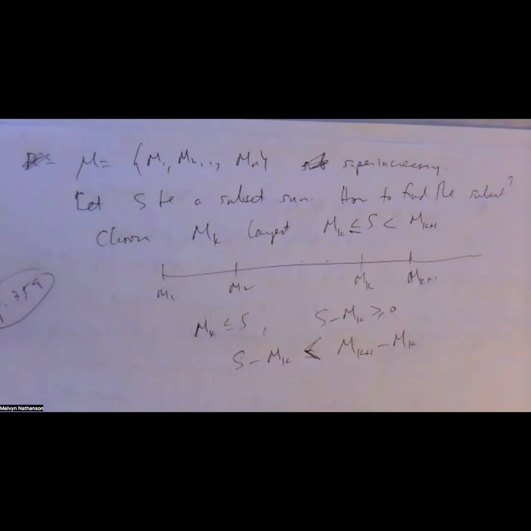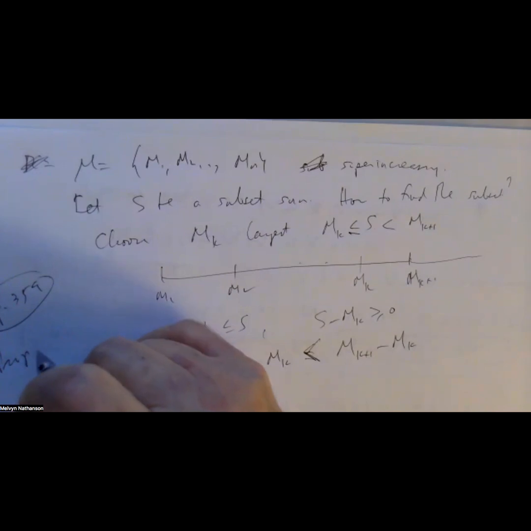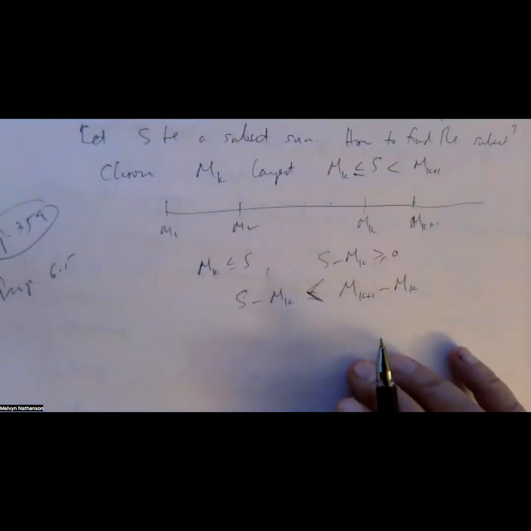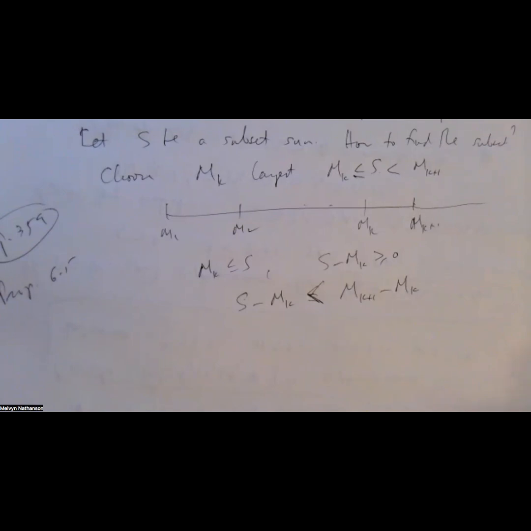Right. So this is in fact Proposition 6.5. If you have a super increasing sequence, there's a fast algorithm to find the subset which produces the subset sum.